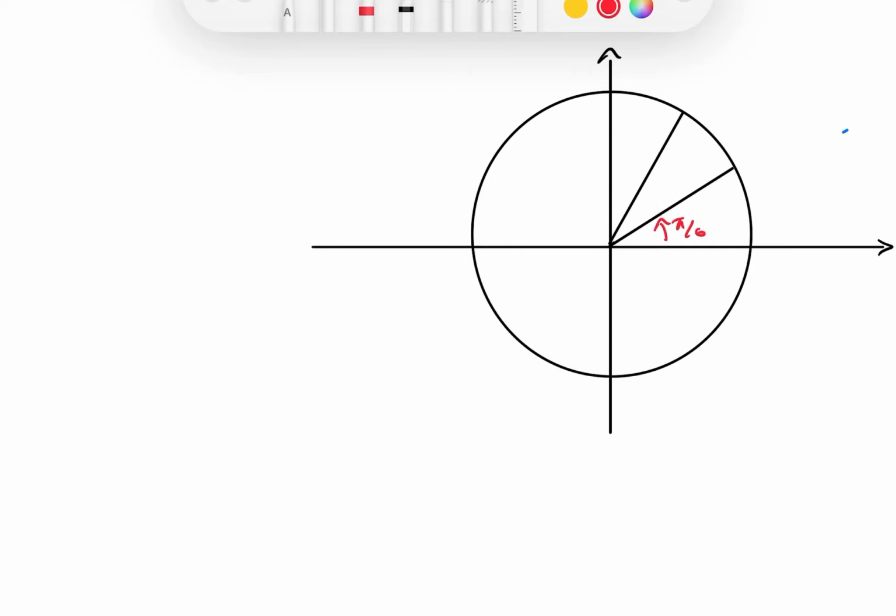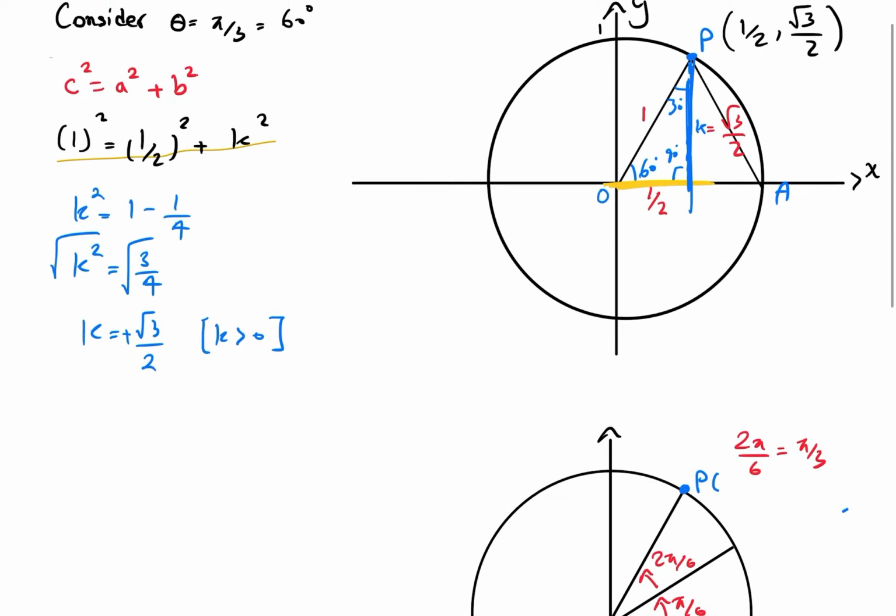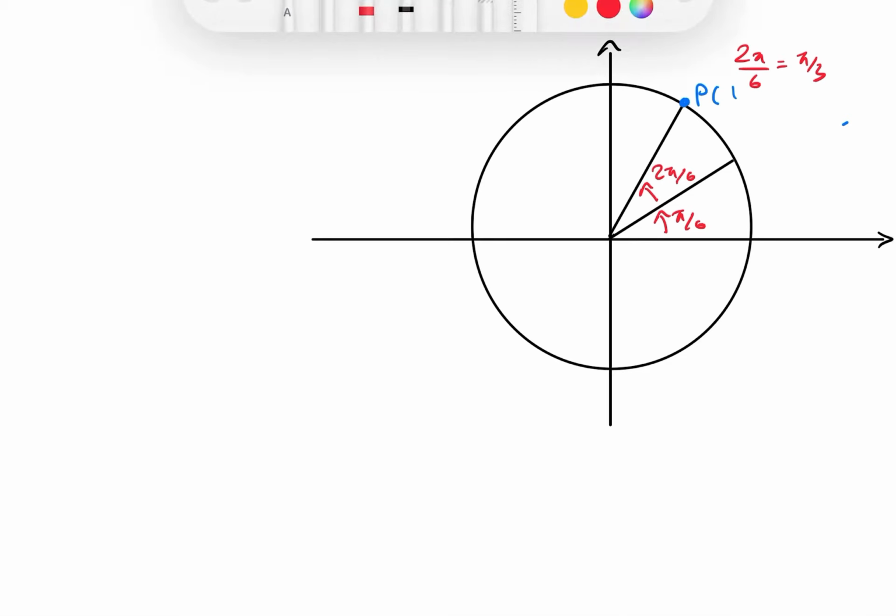If we shift 2 pi over 6 forward, that 2 pi over 6 can be simplified into pi over 3. So this time, the triangle that's above the pi over 6 is the 60-degree triangle. So you can say that the coordinates of this point, P, are the same as the ones that we just found. So it's going to be 1 over 2 for the x and radical 3 over 2 for the y.